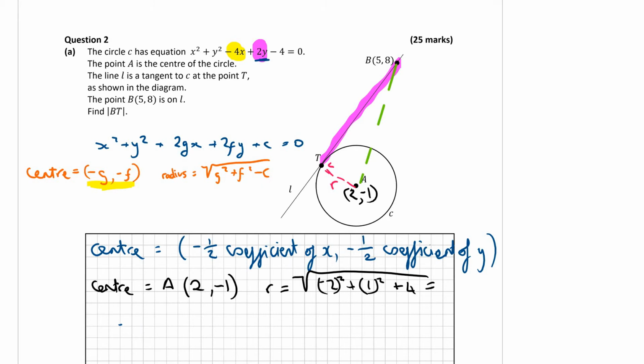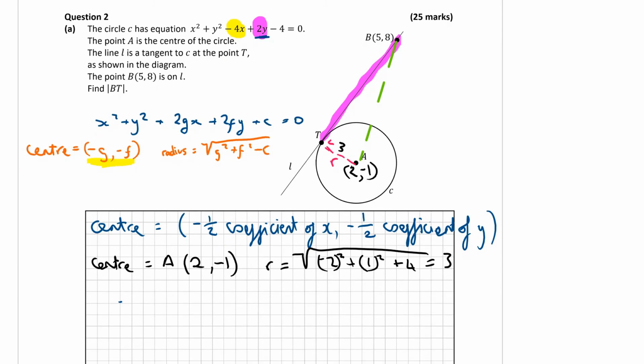So that is the square root of 4 plus 1 plus 4, so it's the square root of 9, which is the number 3. So the radius there is 3. So I know one side of the triangle, that radius is 3. Now we need to try and work out the distance between B and A, and if I can do that, I can use Pythagoras to work out the distance BT, which I'm asked in the question.